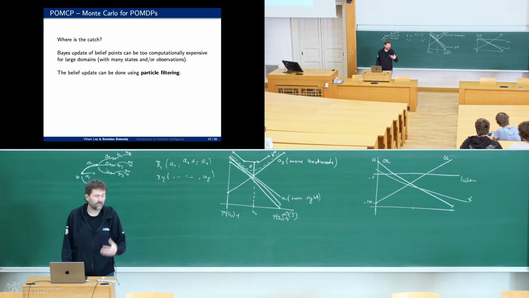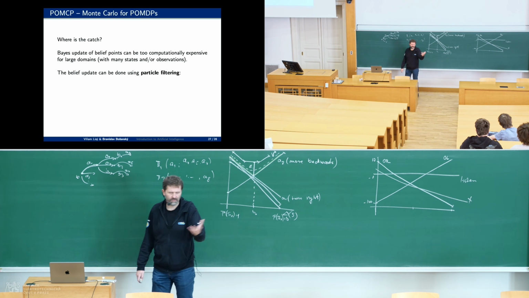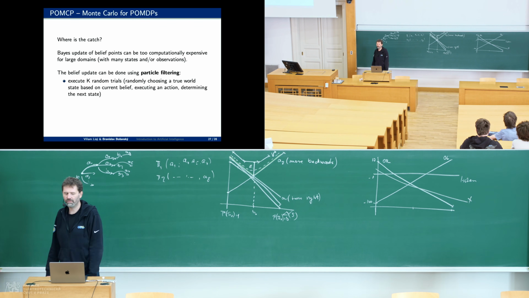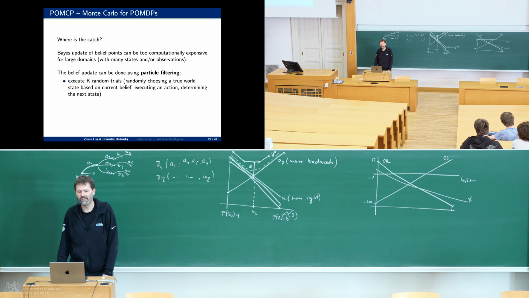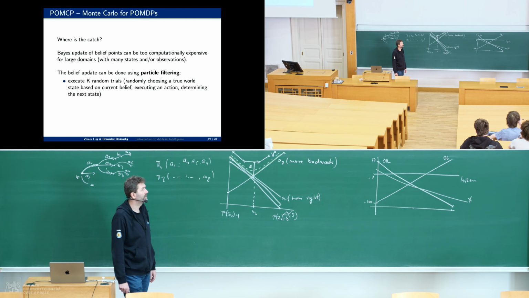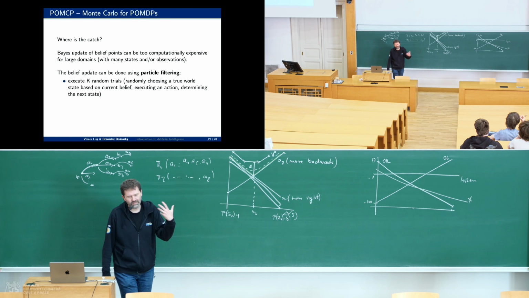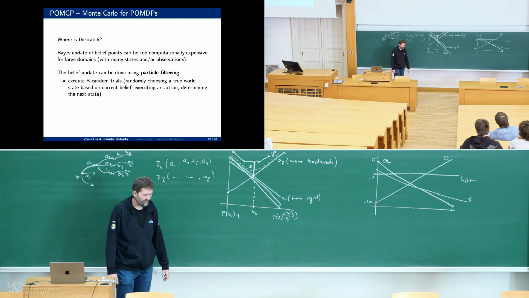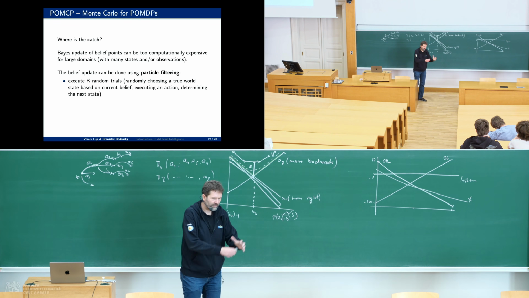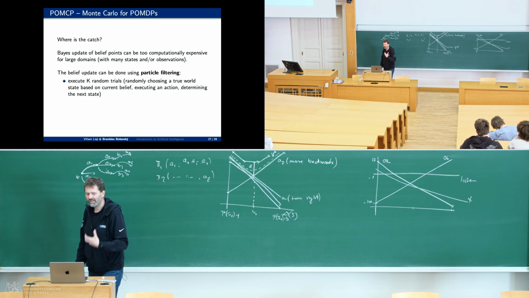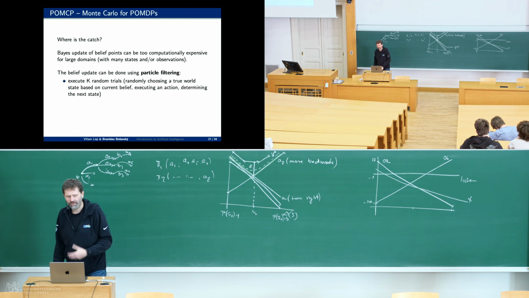So one of the key ingredients, and not the only one, was to use particle filtering. Basically, just execute a few random trials and then select, based on those trials, the next belief point, rather than computing it exactly. So even though the idea is clear and you can translate the idea from a simpler domain to a more complicated domain, from MDP to a POMDP, it still requires some additional technical work, right?